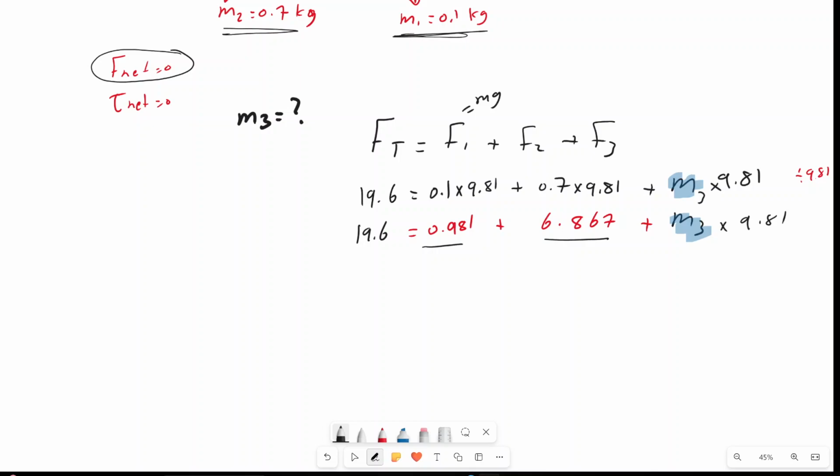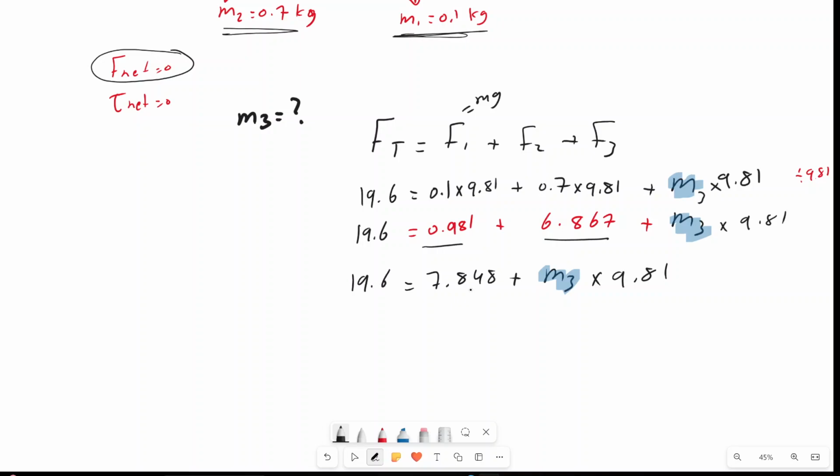Let me add those two and see what we get. 6.867 plus 0.981, I will get 7.848 plus mass 3, which is unknown, multiplied by gravitational acceleration. And this all equals 19.6.